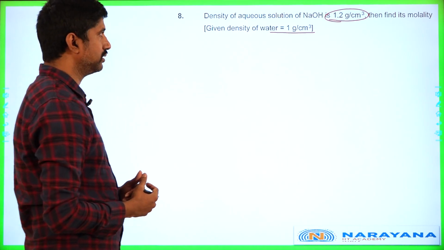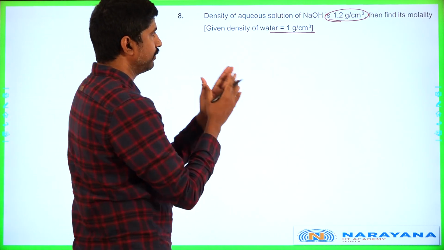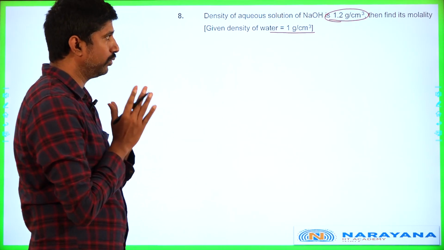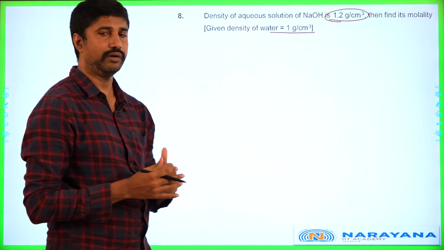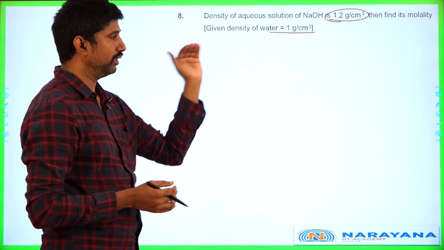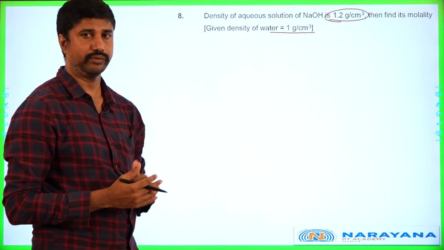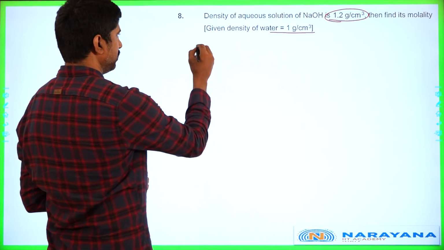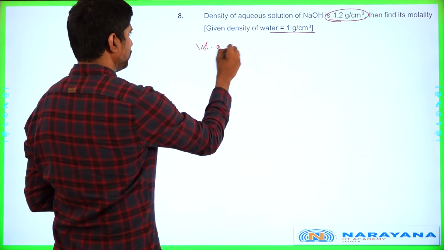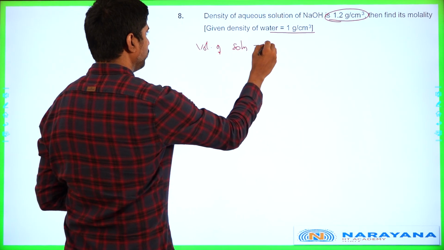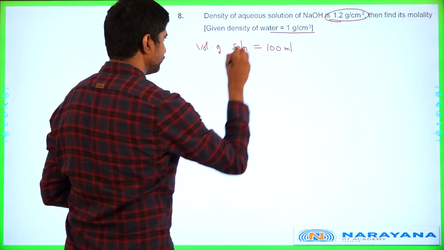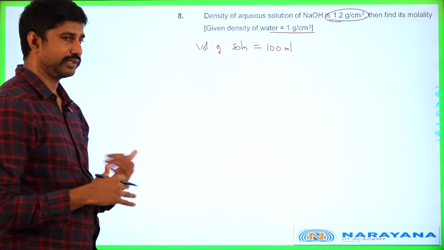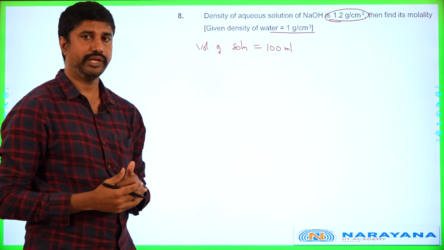We don't know exactly the volume of the solution; we have only the data of density of solution and density of water. So let us assume that the volume of solution is 100 ml.